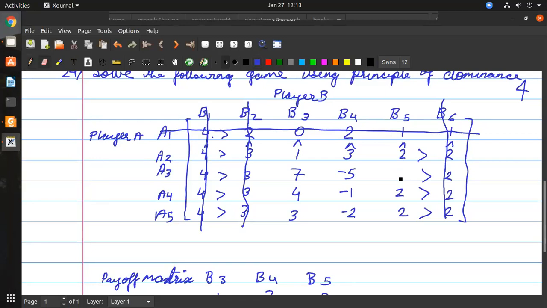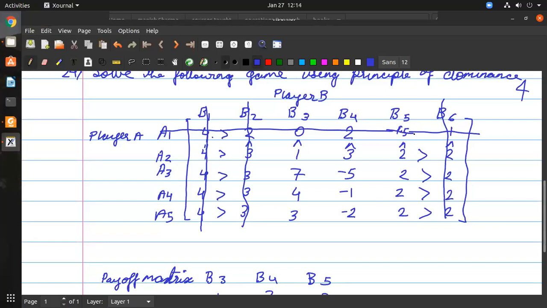For example, here it was 3. Let us say here it was 1.5, and everything is the same. Here also it is 2, and this got eliminated, and this got eliminated.